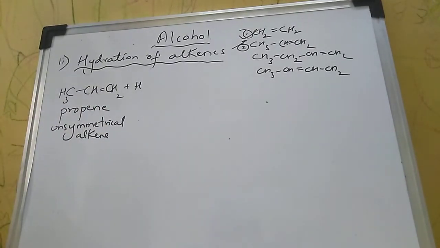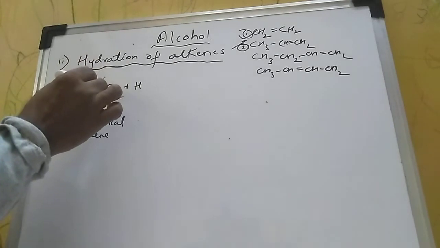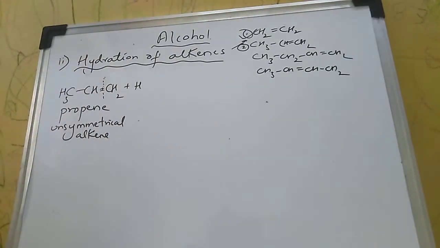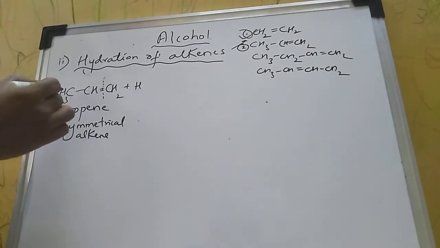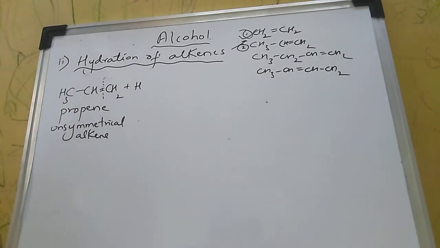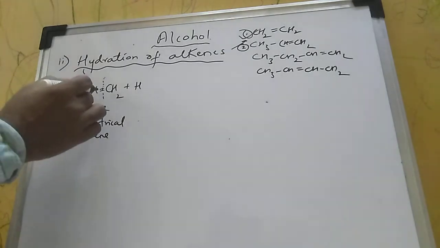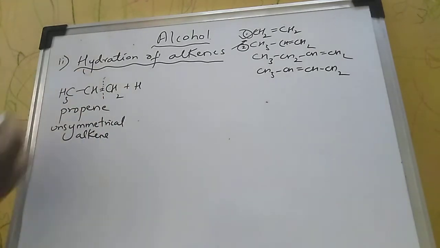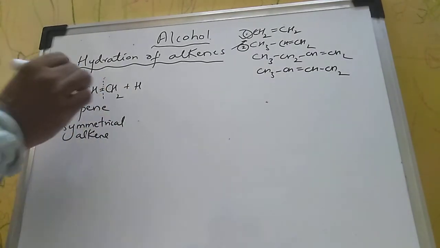Unsymmetrical means what? If you see across this double bond, there are two carbon atoms over here, right? But on the left hand side it is attached to a methyl group. It is substituted with one carbon, whereas on the right hand side there is no substituent. It is only attached to two hydrogens.